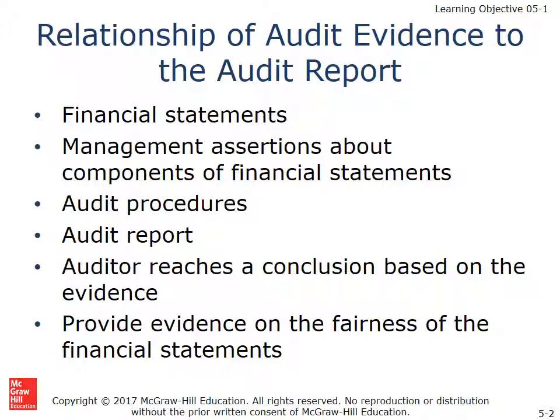Based on those assertions, we create audit procedures. We collect evidence and reach a conclusion based on this evidence that helps us develop the audit report. So that is our process. Right now, we are still looking at collecting the financial statements and seeing what management's assertions are.